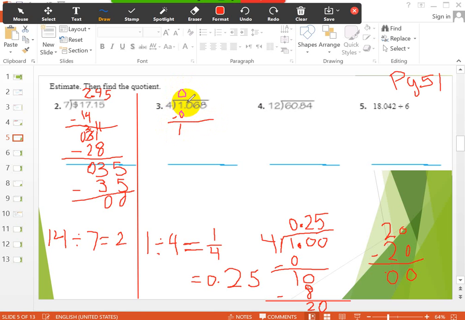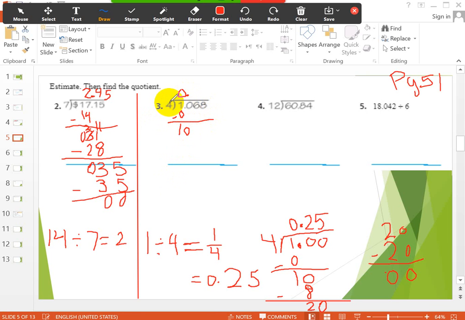Now after the 1, I have the decimal point. So I will take the decimal point up and put it in the quotient in the same position. Then I will take the 0 in the tenths digit and put it next to the 1.